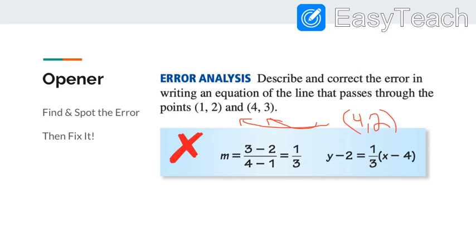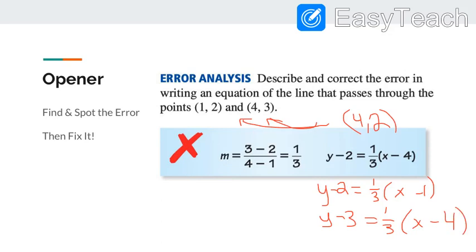One answer they could have had was y minus 2 equals 1/3 times x minus 1. Or they could have had y minus 3 is equal to 1/3 times x minus 4. Those two would have matched the initial points.